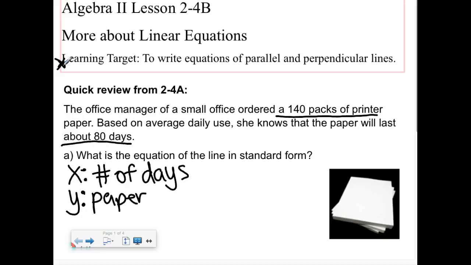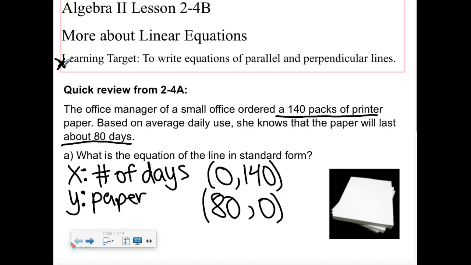When I read that first part, when we start, we have 140 packs. So that means we are at day 0, and at day 0, I have 140 packs. The other thing that we underline, 80 days, means we are at 80 days, and she's saying we run out of paper, so we have 0 amount of paper.